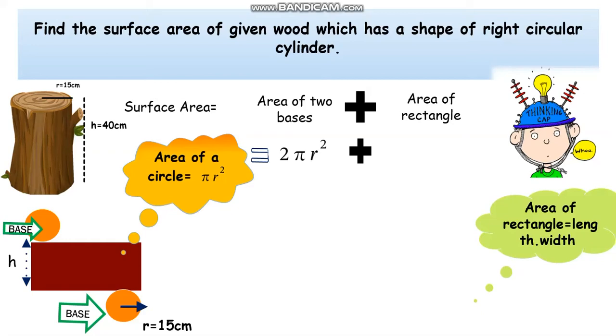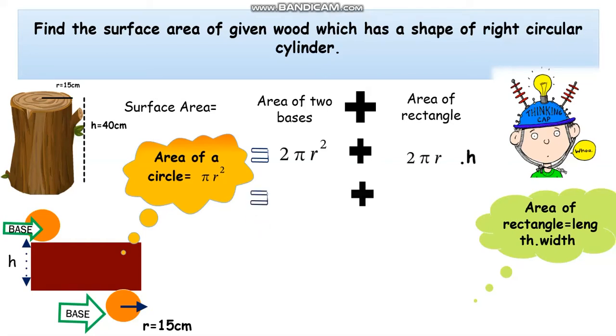What is the length? Yes, you remembered. The length means the circumference of the base circle, so it will be 2 times pi times r. And what is the width? When we say width, it is the height.